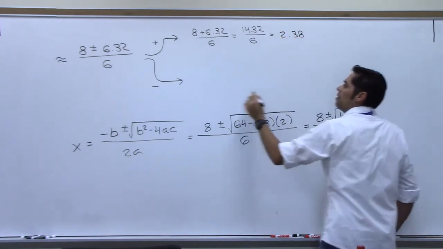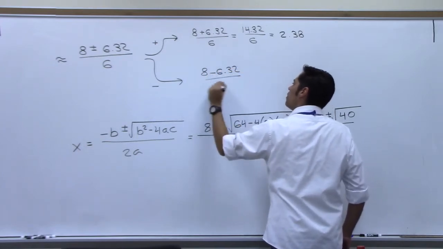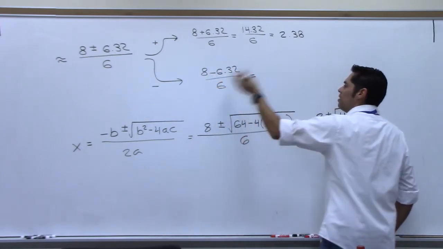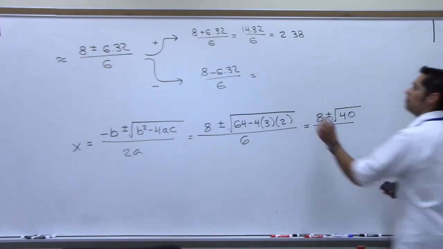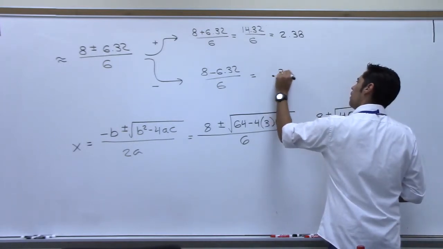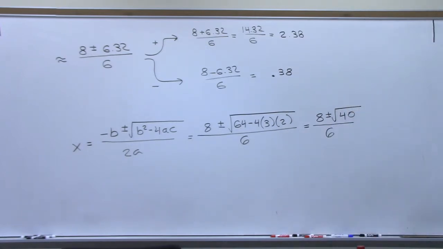Okay, and then on this one, 8 minus 6.32 over 6, which is, go ahead and just give me the whole thing, figure it all out. 0.38? I got 0.28. 0.28?